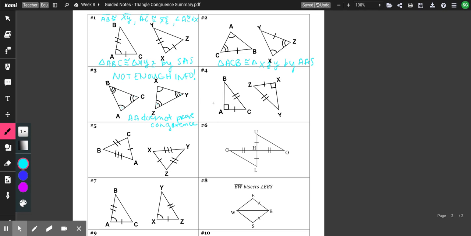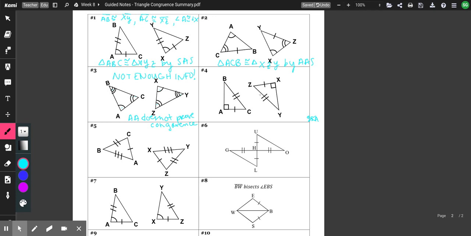What about number 4? So here I've got side, side, right? A side and a side, and then an angle that's not between them. Oh boy, so I've got side, side, angle. Oh no, that doesn't prove congruence. But I have a right triangle. Look at that. So what should I say? HL, right?